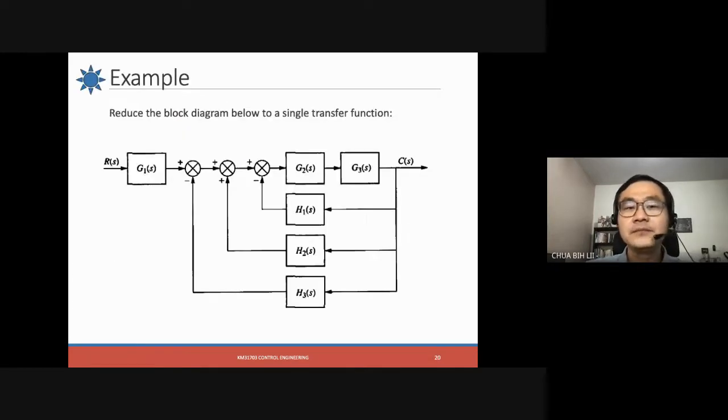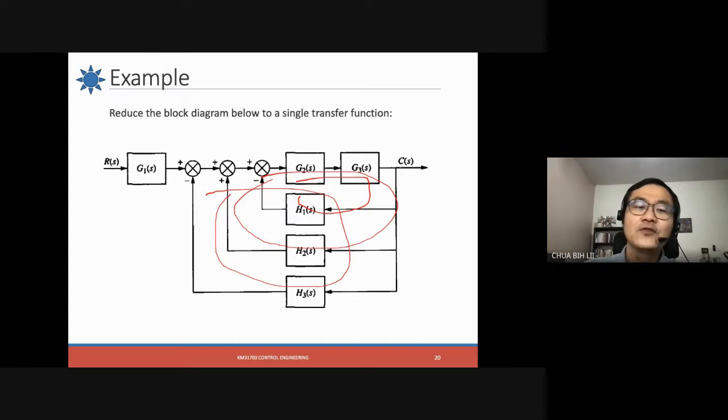Here is an example of a block diagram that you may see in the future, or maybe in some exercise, where you would like to take practice. So you can see that very straightforward, that somehow there is a lot of feedback loops. One loop, two loops, and the third loop.